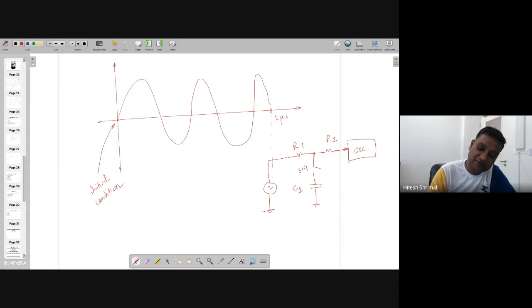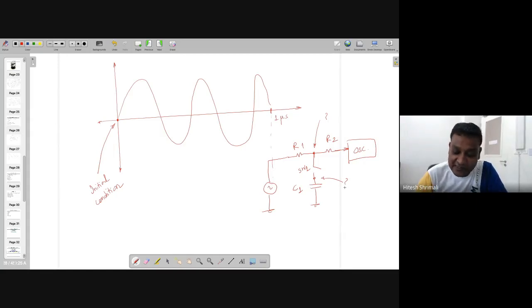This is switch one. If I'm applying a sine wave here, look, this is a node and I don't know the value, first of all. This is also a node. I don't know the value. All these values, will they be considered 0? If yes, then the output is different. And if you consider that the capacitor was already charged with some value, it's a different thing. So it's all about what initial condition you are taking in your simulations.